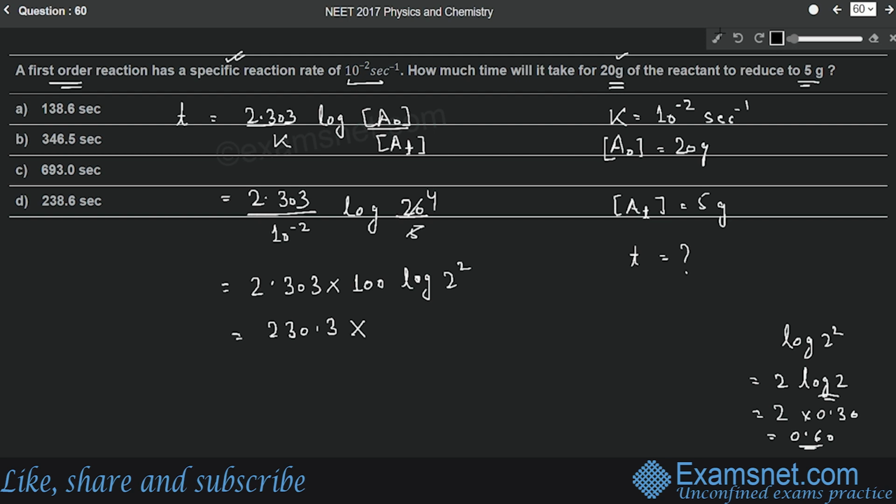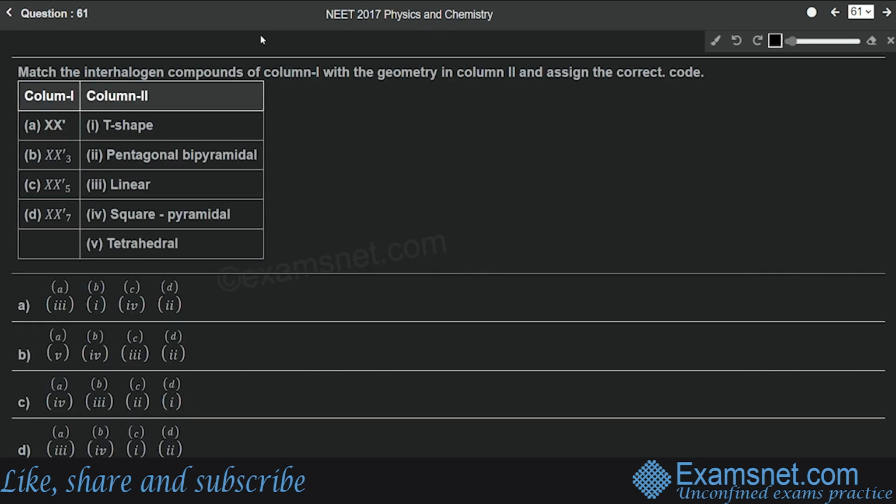So here we can write 0.60. Now on multiplying this, we'll get 138 point something. So out of the given options, we have only one option that is closer to it, that is 138.6. So we can write that 138.6 second will be the correct answer out of the 4 given options. So it is the correct answer. Okay.